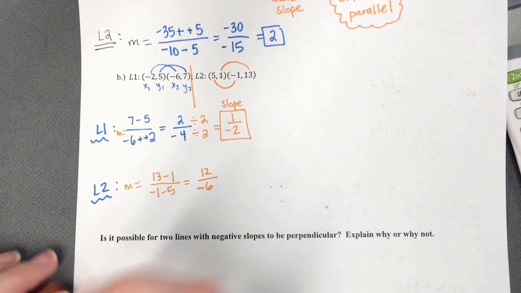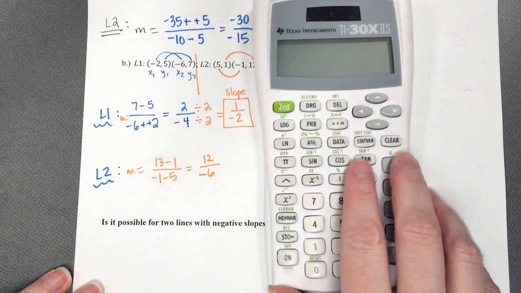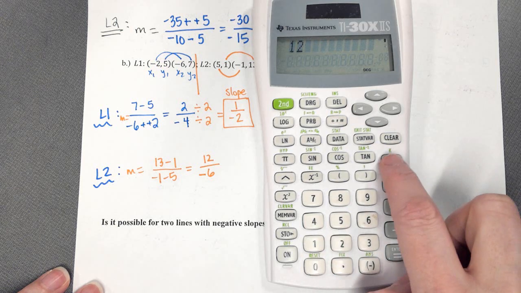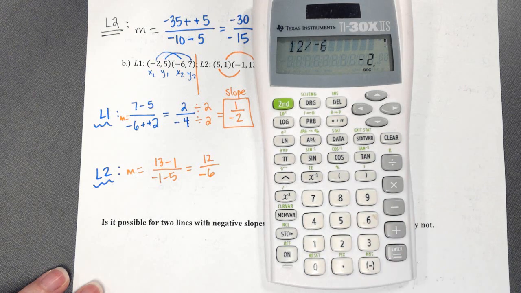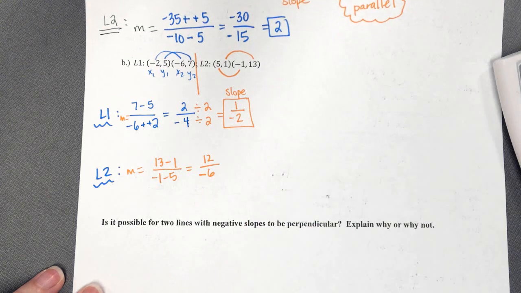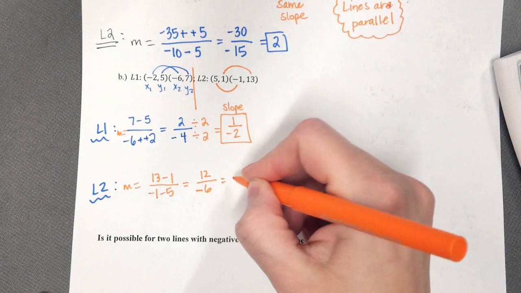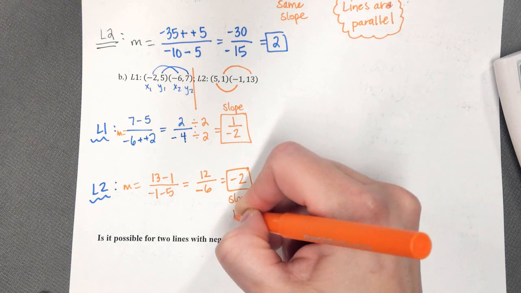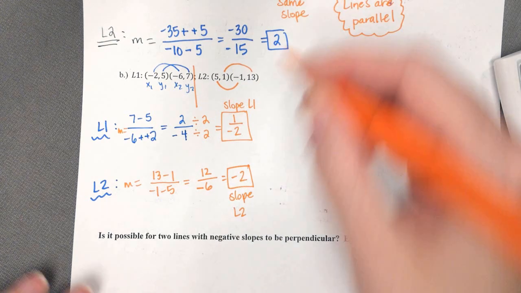Now, do you see how the number on top is bigger? So if the number on top is bigger, let's divide. Does 6 go into 12 evenly? Yeah. So it goes in there twice, so this will be negative 2 because you have a negative on the bottom. Okay, so this is our slope for L2, this is our slope for L1.